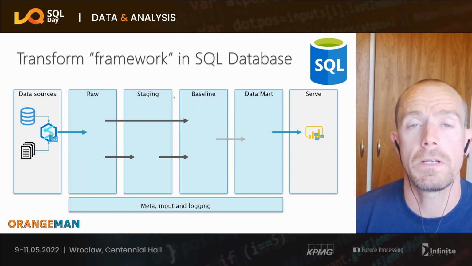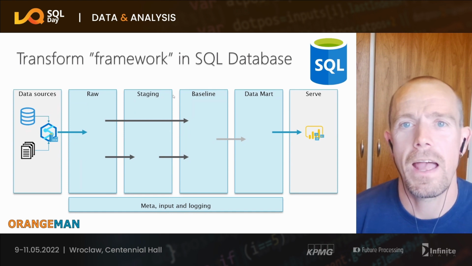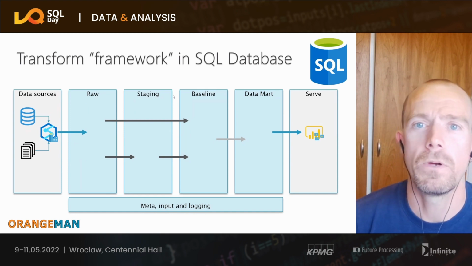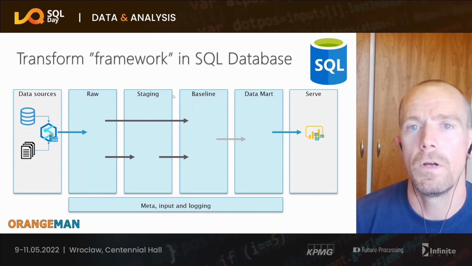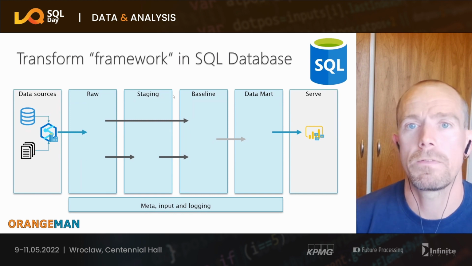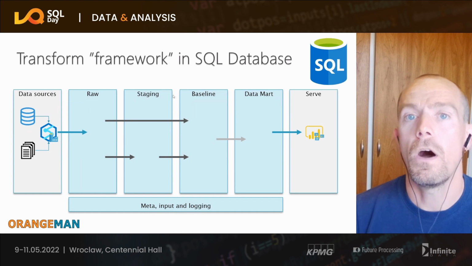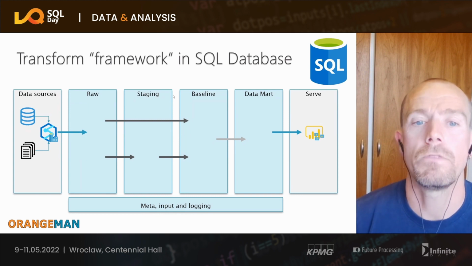It's a very simple way of doing transformation of data, doing it with SQL. And I know a lot of you in the audience are SQL experts and are used to doing all your transformation in SQL. So it is just the same as you probably have done before. Maybe some of you have been doing your transformation in Integration Services or other tools, but this solution does it just in SQL and in some views.